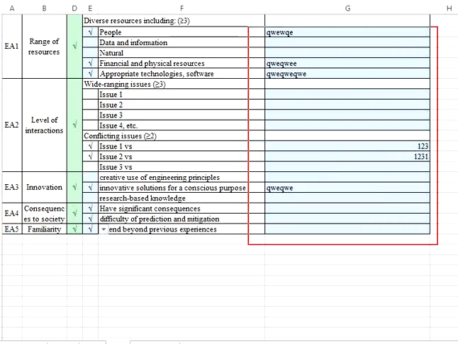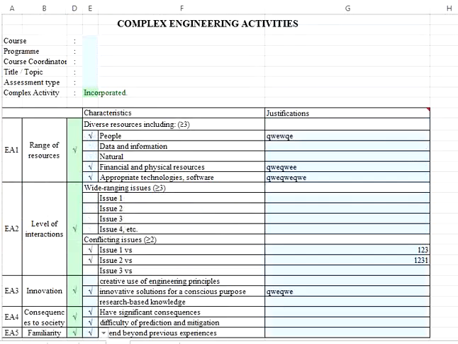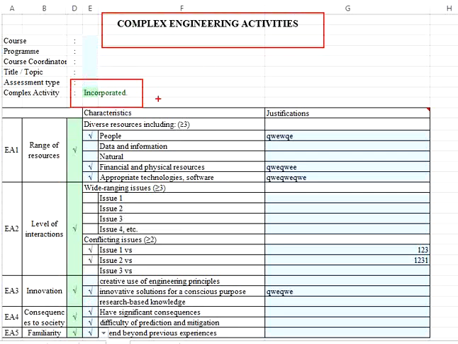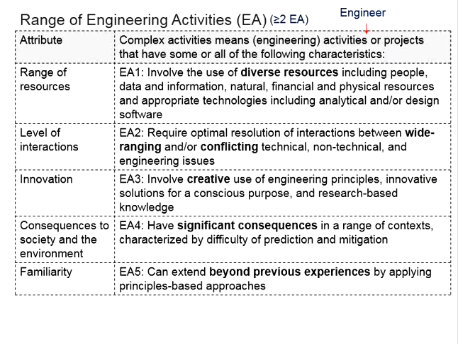Remember to have proper justifications and descriptions to prove the existence of those EAs. The requirement now is that you need at least 2 EAs to be considered as complex engineering activities. Now coming back to the question, when do you need to incorporate complex engineering activity?